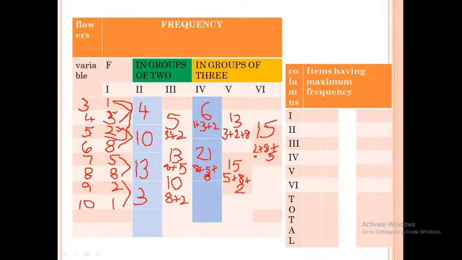Then the next group of 3 you can make is with 8, 2 and 1. That is 8 plus 2 plus 1, which comes to 11.